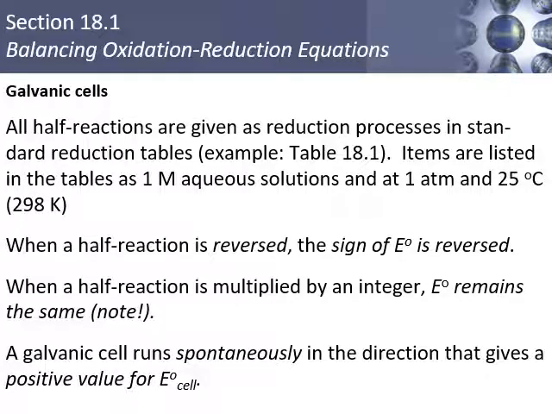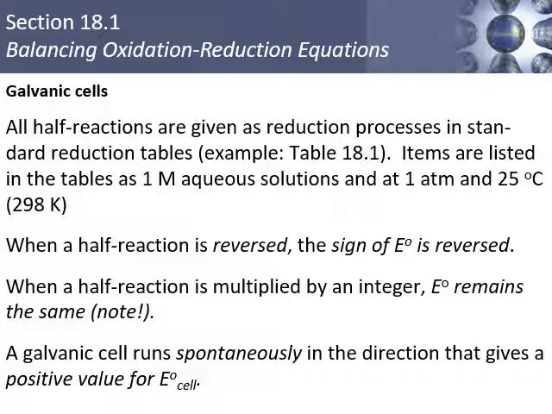So when we looked at that table a moment ago, that was something called the standard cell voltage, which means that these all were done at 25 degrees centigrade or room temperature, at 1 atmosphere pressure, and every concentration of the solutions was 1 molar.